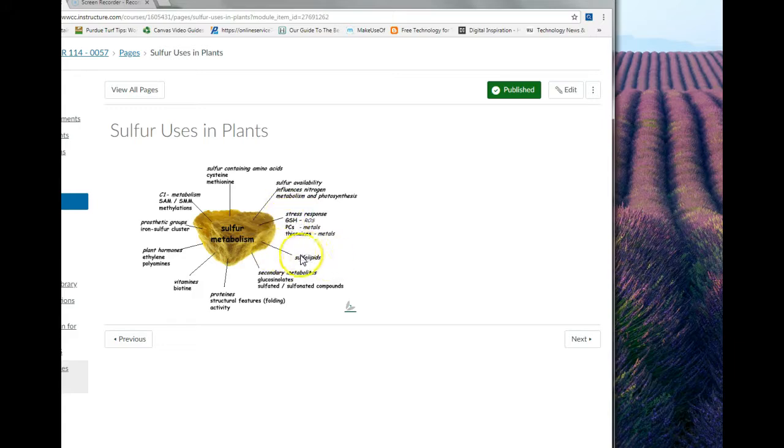It's in sulfolipids, or the fats with sulfur in it. It's also involved in glucosinolates, which is in our photosynthetic process. That's a secondary metabolite. Notice it's involved in proteins, so structural features, so the folding of the proteins. It's part of vitamins. It's involved in the production of ethylene and some of the polyamines.